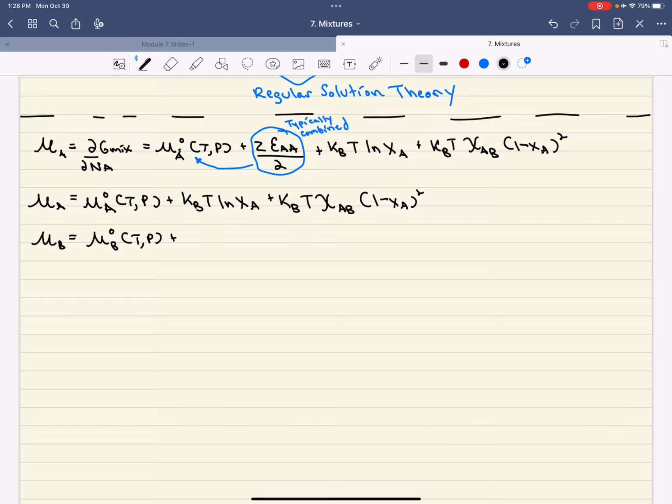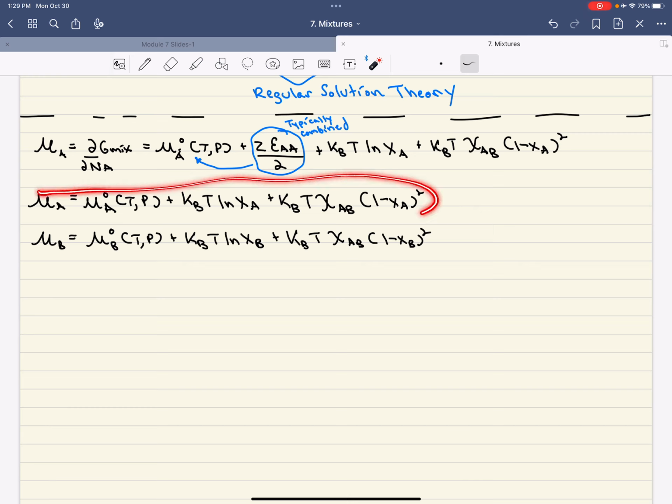So you would just take the partial derivative with respect to NB. Okay. All right, and so using these chemical potentials, we know that at equilibrium, the chemical potentials in the different phases would be equal to one another. And so you would use this expression in order to describe that.